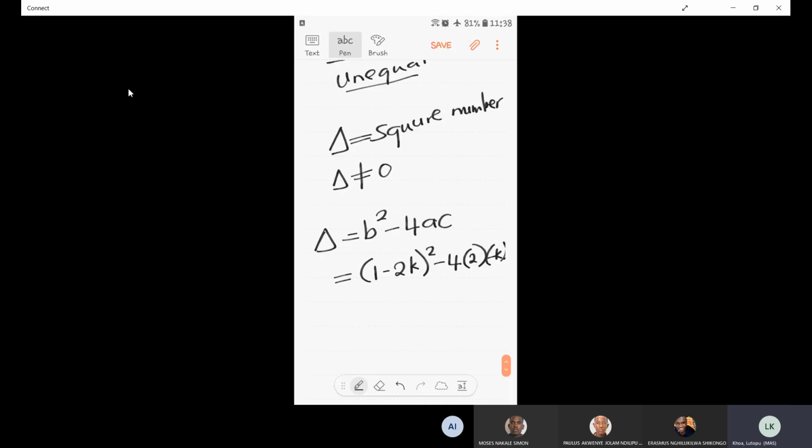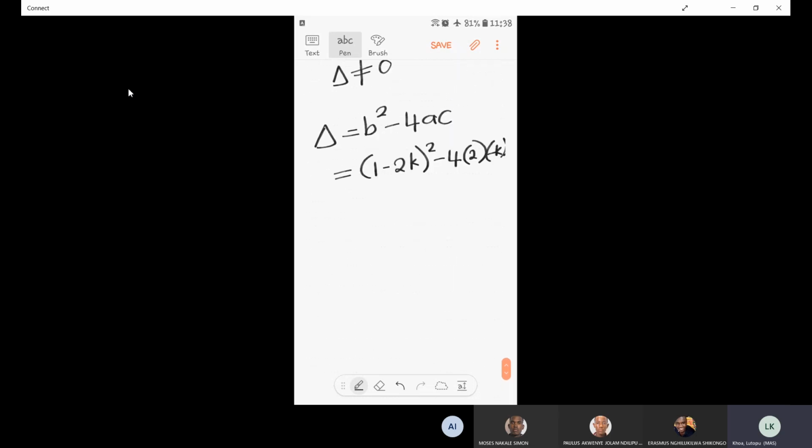So we simplify this as far as possible. This one, (1 minus 2k) squared, means 1 minus 2k times 1 minus 2k. Then I have plus 8k. So we multiply this. We have negative 4 and negative k, that would give you positive 4k, then times 2 is 8k.